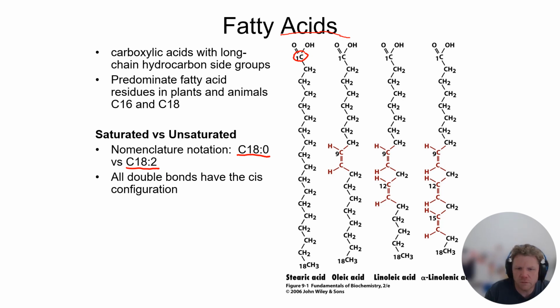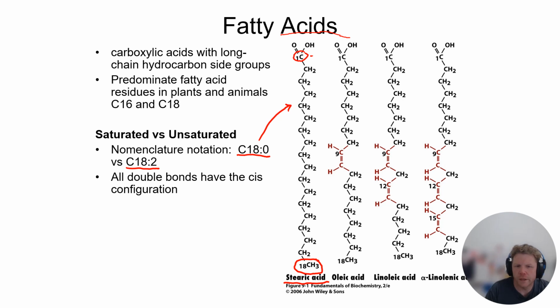So if we look at this fatty acid right here, stearic acid, which is the common name for that fatty acid, it has 1 all the way up to 18 carbons. So it's an 18 carbon long fatty acid. So the question is, is it noted as C18:0 or 18:2? And the answer is, it's going to be denoted as 18:0.